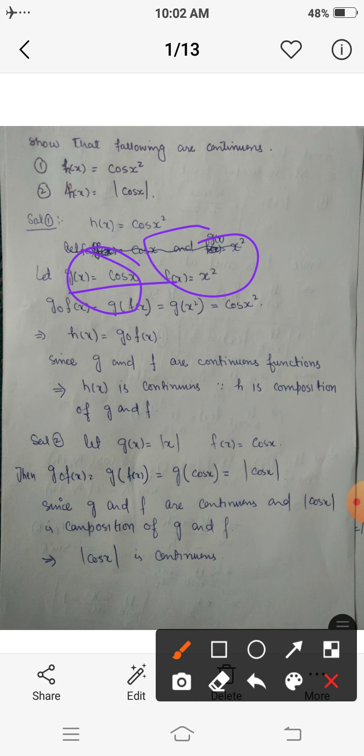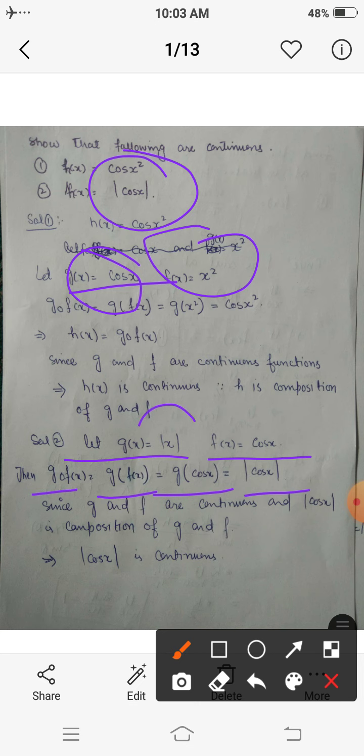Now the second one is mod of cos x. Let g of x be mod x and f of x be cos x. Then g of f of x is g of cos of x, which is simply mod cos x. Now mod cos x here is a composition of two functions. One is the modulus function, and the second one is cos x.